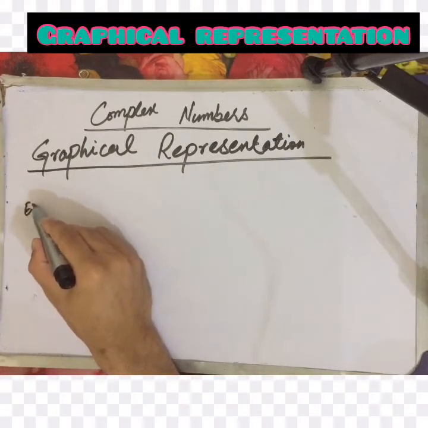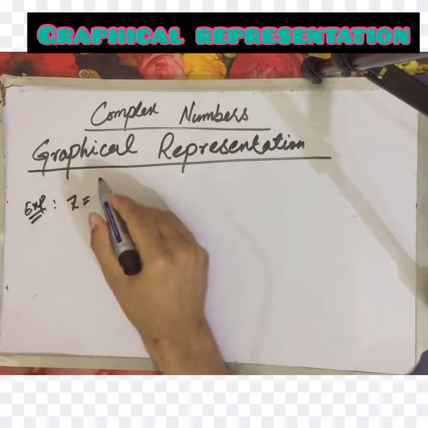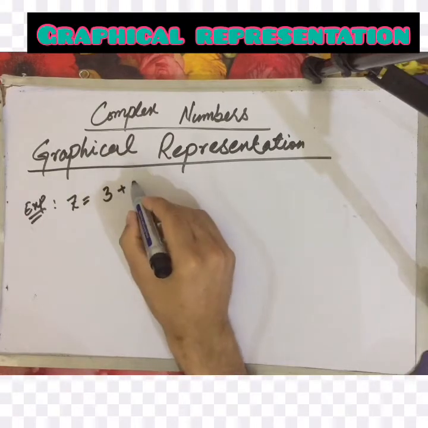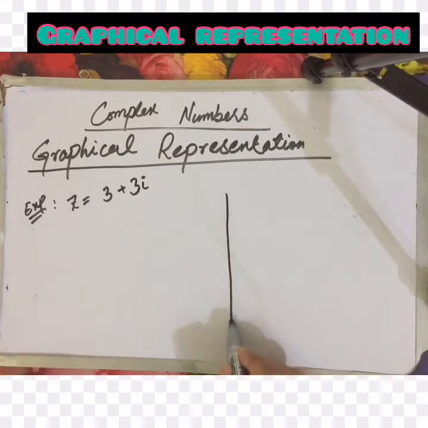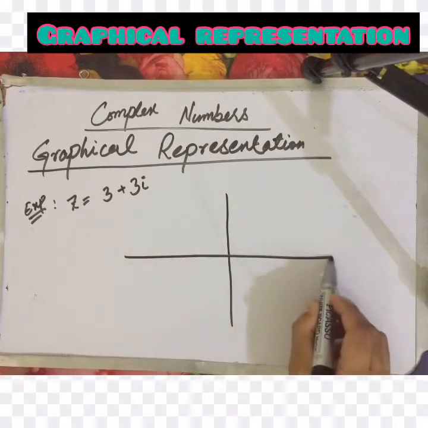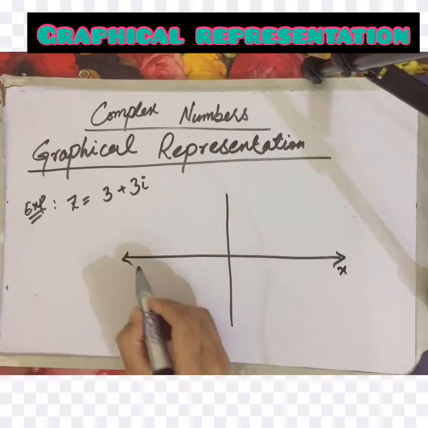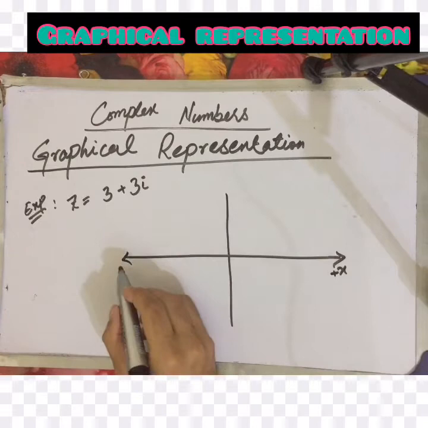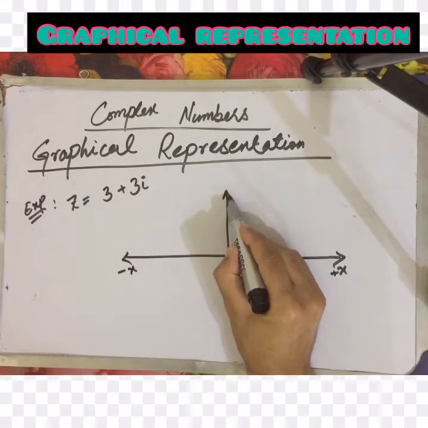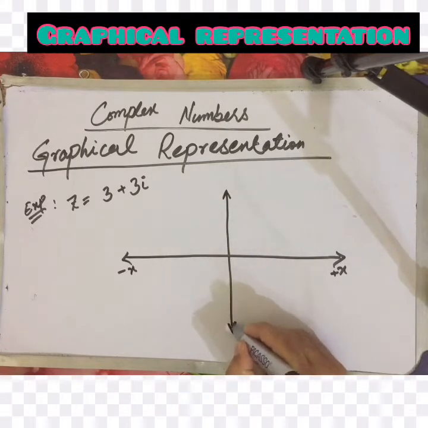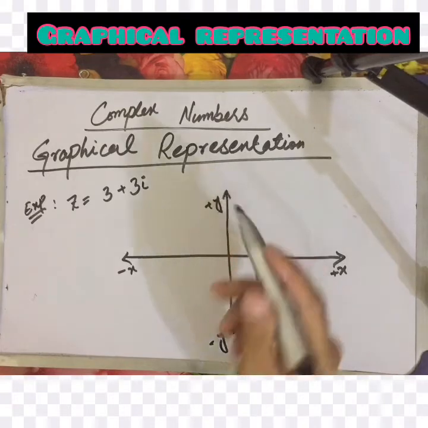For example, if we have a complex number z is equal to 3 plus 3 iota, we need to draw x and y coordinates, which is the x-axis, plus x-axis and minus x-axis, and the vertical axis is the y-axis. This is negative y and this is positive y-axis.